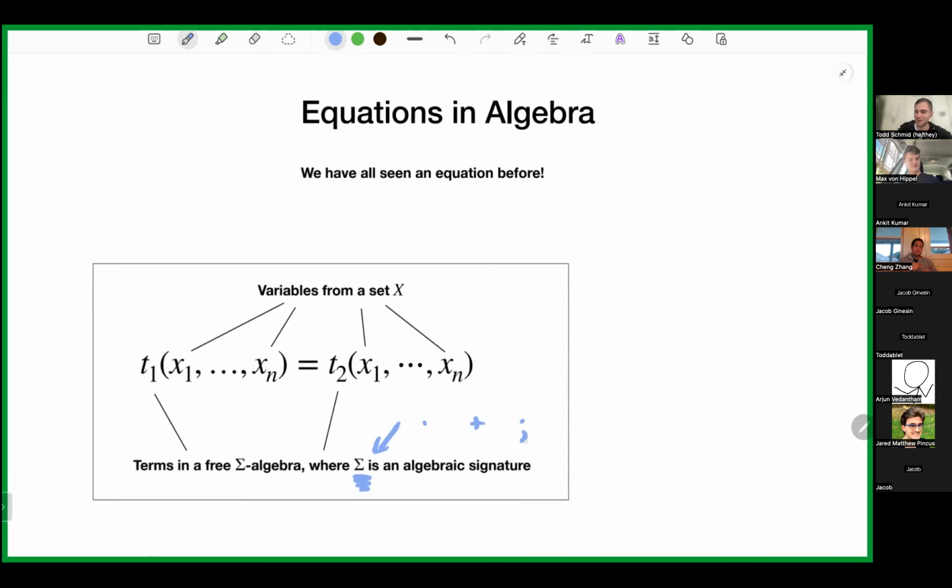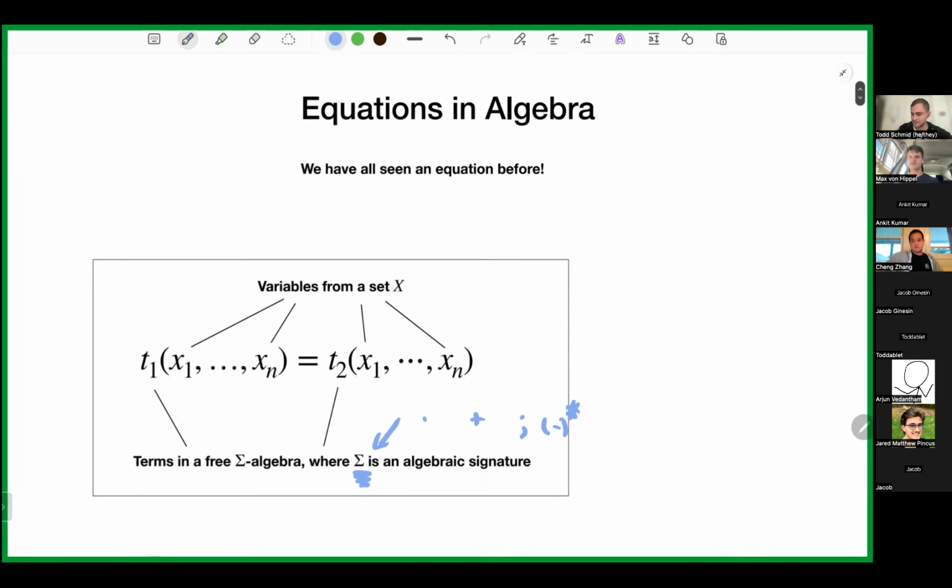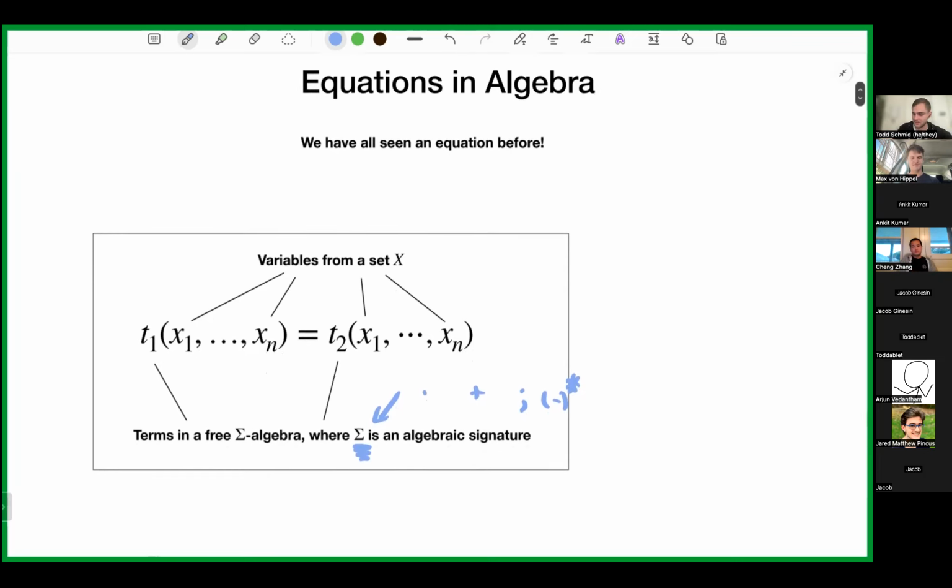This is where computer science kind of enters the picture. Or other things like the Kleene star, another great example of a kind of thing that can appear in an algebraic signature. But the point is that we want to be able to write down equations between terms and talk about the algebras that satisfy those equations.